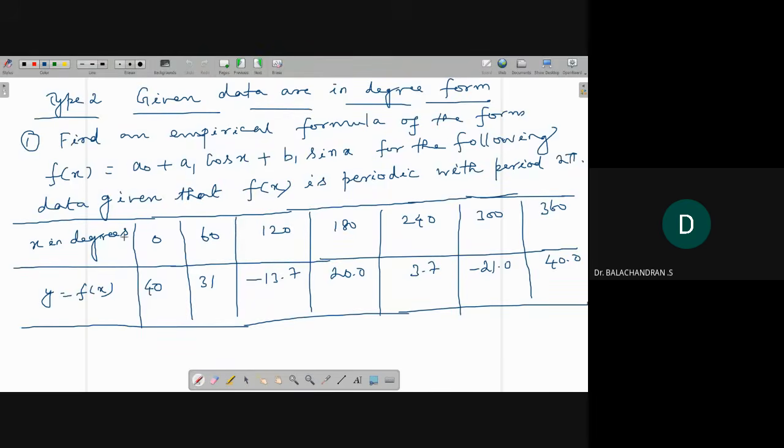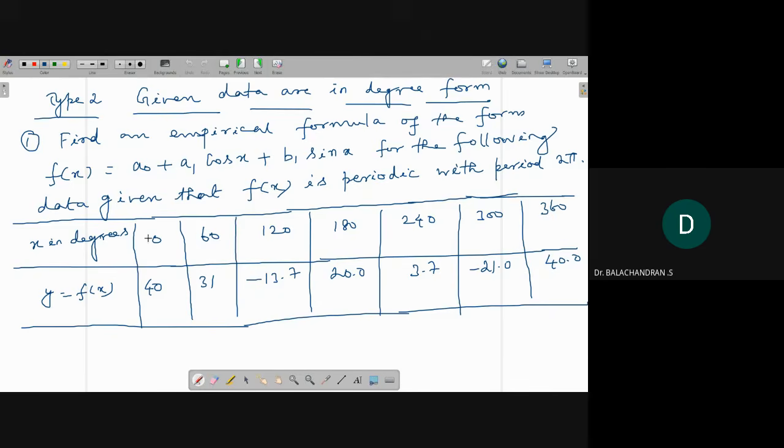But here, the last value is a repetition of the first value, so you can omit the last value. If a repetition is inside, like 31 here and 31 there, you don't leave it. Only if the last value repeats the first value can you leave out the last one.